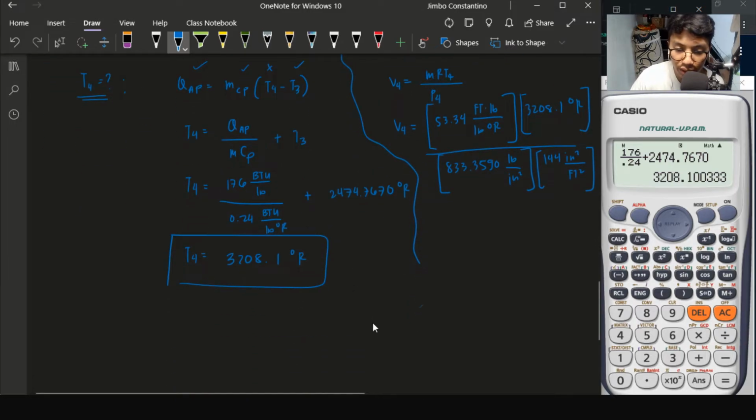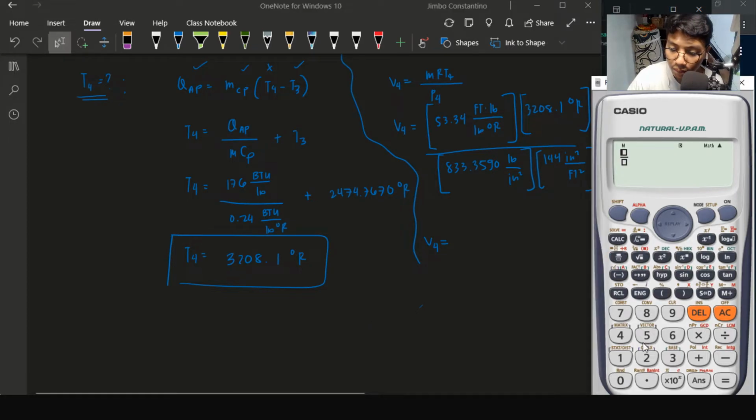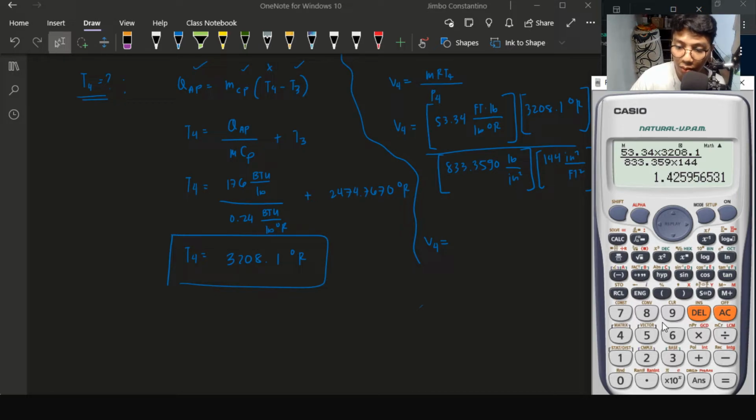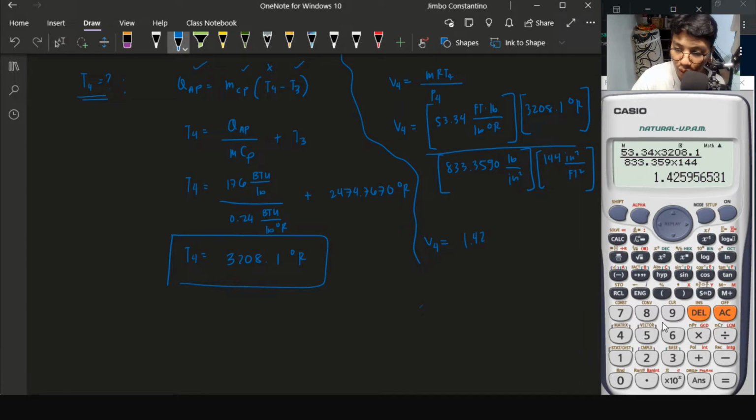So V4 is equal to 53.34 times 3208.1 divided by 833.359 multiplied by 144. The answer is 1.4260 cubic feet per pound. So that is the cut-off ratio.